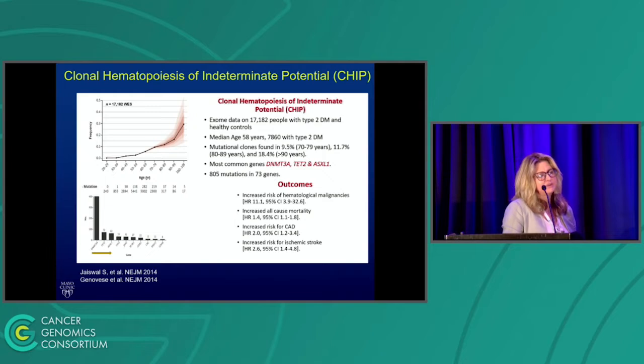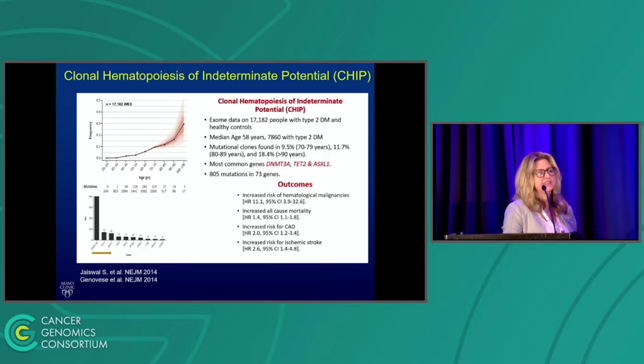And what they found was this was clearly an age-related phenomenon, a normal age-related phenomenon. So by the time you're 80 to 90 years old, you have a 10 to 20% chance of having CHIP, clonal hematopoiesis of indeterminate potential, or a mutation in a gene known to be relevant in a myeloid malignancy using conventional techniques. But of course, if you use deeper sequencing, this prevalence increases.